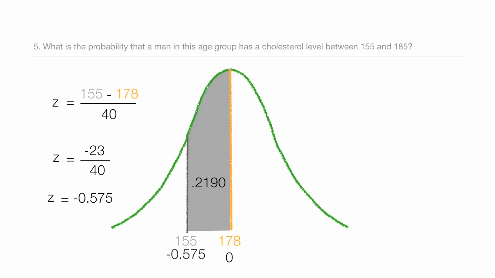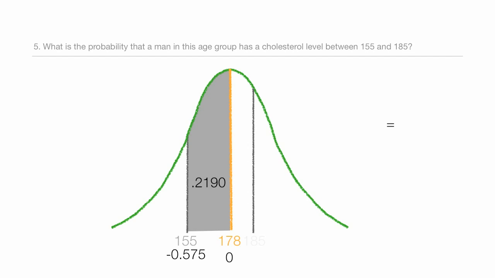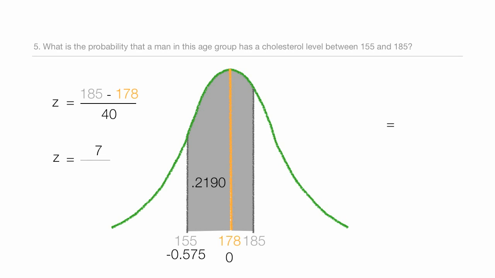Next, we'll calculate the area between 178 and 185, this area right here. So this time we have z is equal to 185 minus 178 divided by 40. That's our standard deviation again. 185 is our observation and 178 is the mean. 185 minus 178 is 7, the last time I checked, divided by 40, which is equal to 0.175.